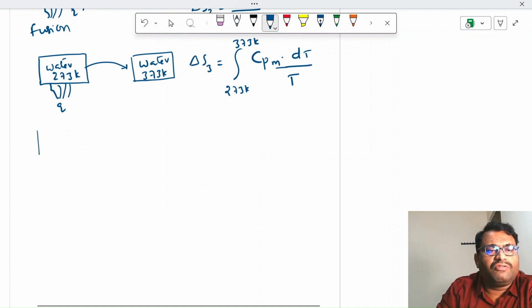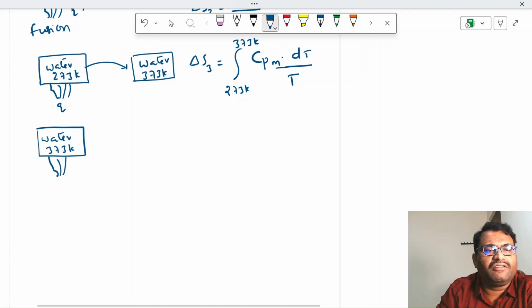Next, now water is at 373 Kelvin. Now when you are heating it still, whatever heat you are supplying will be used to change water into water vapor. Change of state.